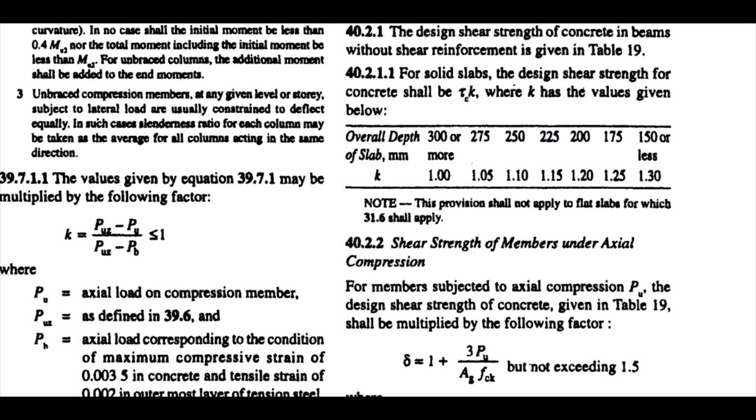These are the depths: 300 or more, 275, 250, 225, 200, 175 and 150 or less. Our overall depth value is 150, so the K value will be 1.3 for us. Let's check the calculation.